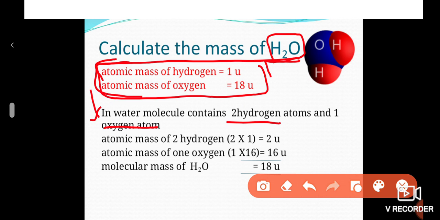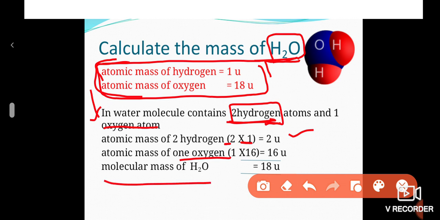First the atomic mass of 2 hydrogen, because 2 hydrogen are present in water. The mass of 1 hydrogen is 1, so we multiply 2 into 1, giving 2U. Like that, the atomic mass of 1 oxygen is 16, so we multiply 1 into 16, equal to 16U.